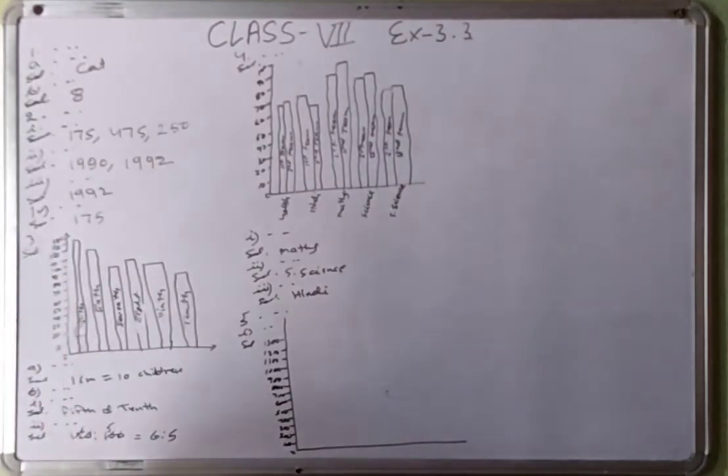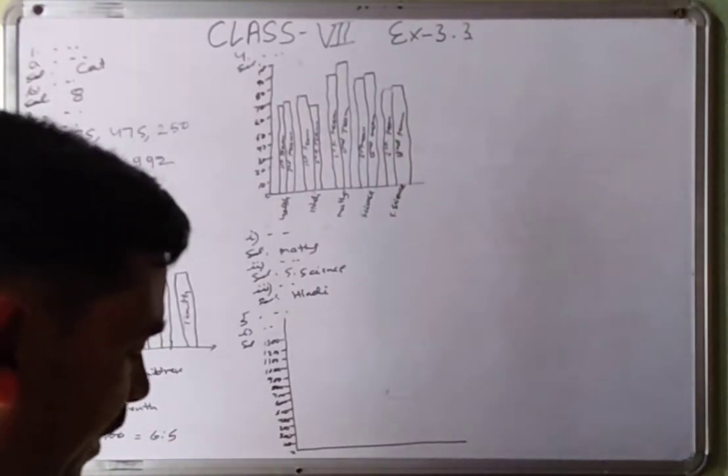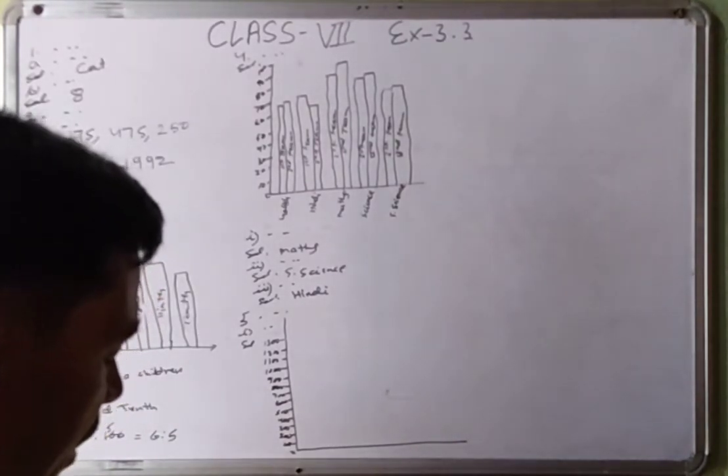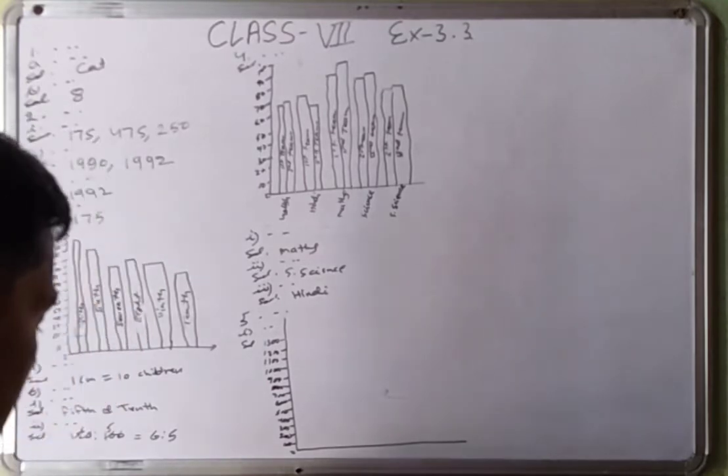So the double bar graph is like question number 4, watching and participating, 1240.